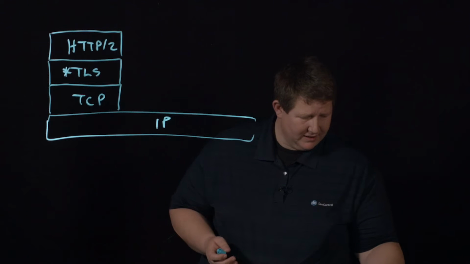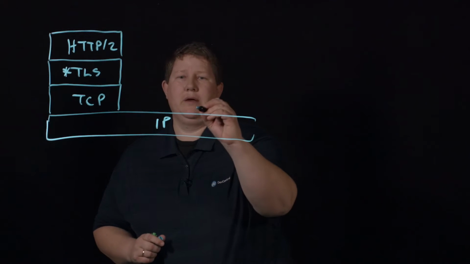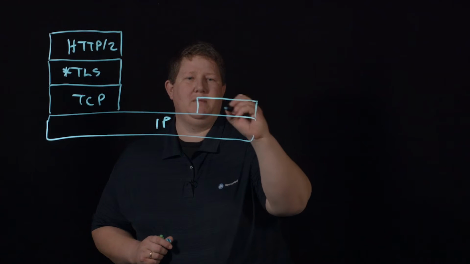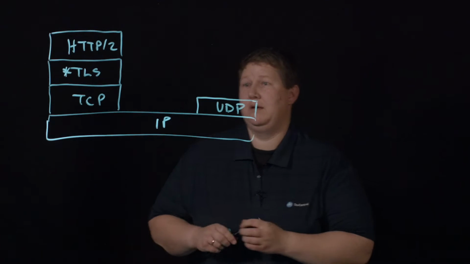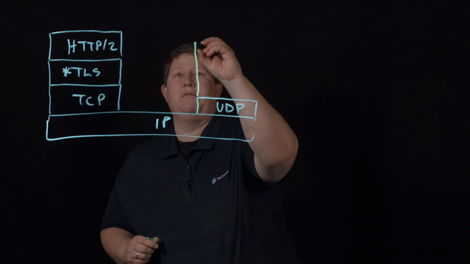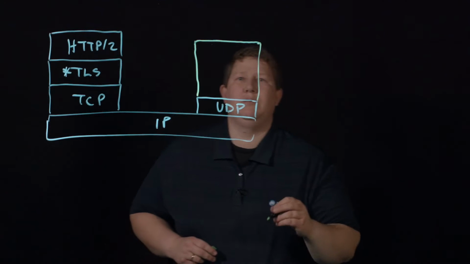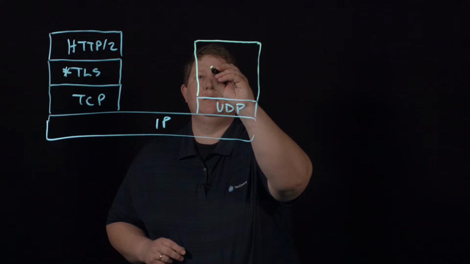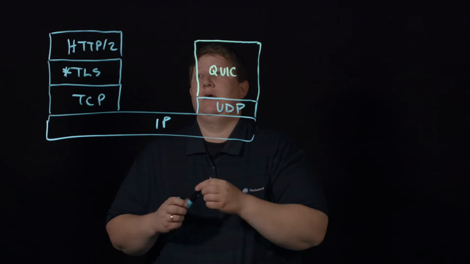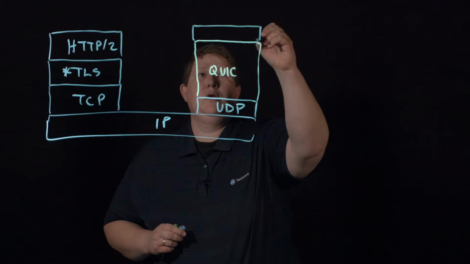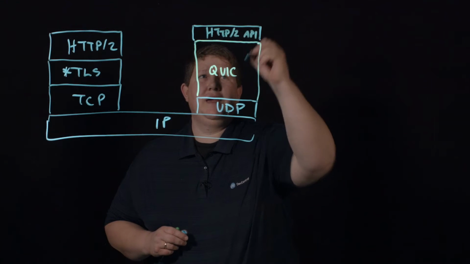QUIC, by contrast, if we go halfway up like TCP, QUIC runs on UDP. And then we'll go up through crypto and halfway up through HTTP2, and we'll say this whole thing is QUIC, and then right on top of that you have the second part, which is the application-specific parts of HTTP2.